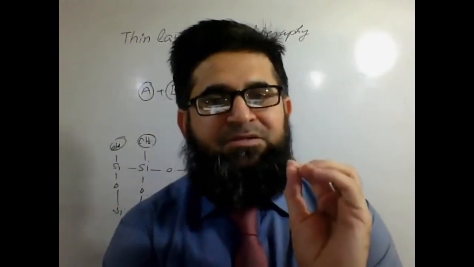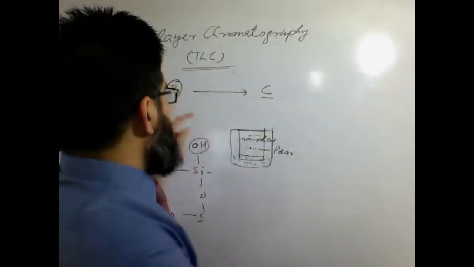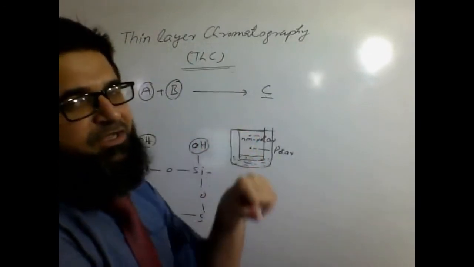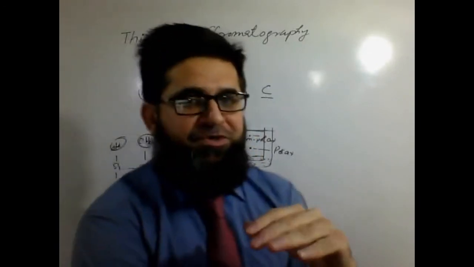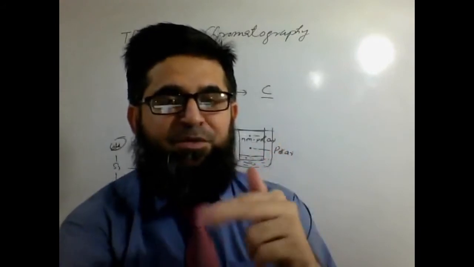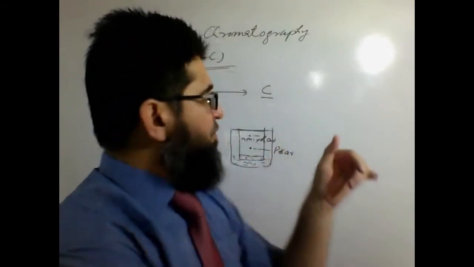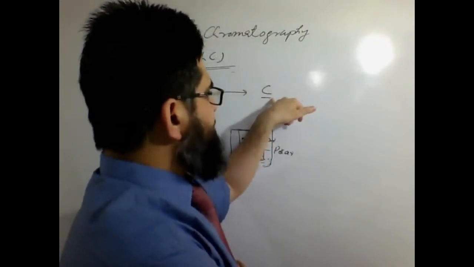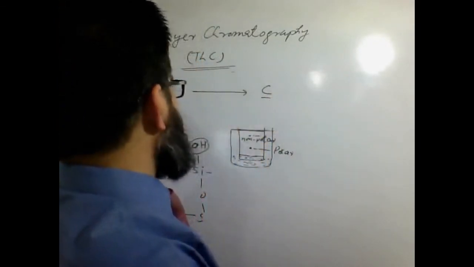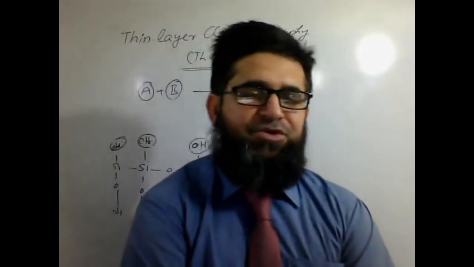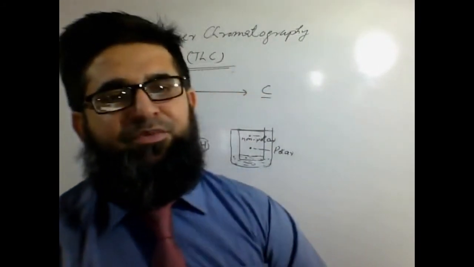As soon as the spots of the reactants disappear on the TLC, it means the reactants have been consumed. Once they have been consumed, their spots on the TLC will disappear. However, this new spot, which is not the spot of A or B, will represent the formation of C, meaning the formation of the product.